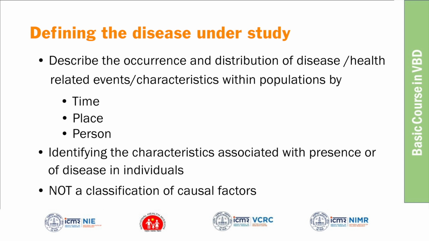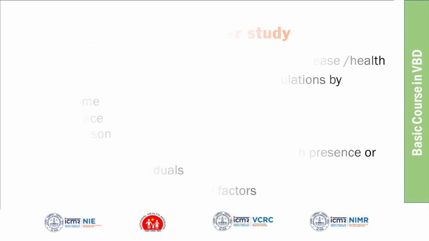So it is not a classification of causal factors. But the importance of descriptive epidemiology is that this is the baseline for any kind of study. Whether it is an observational study or an analytical study, or even an interventional or experimental study design, you have to first of all describe your study population, and only then will you move on to your main objective.